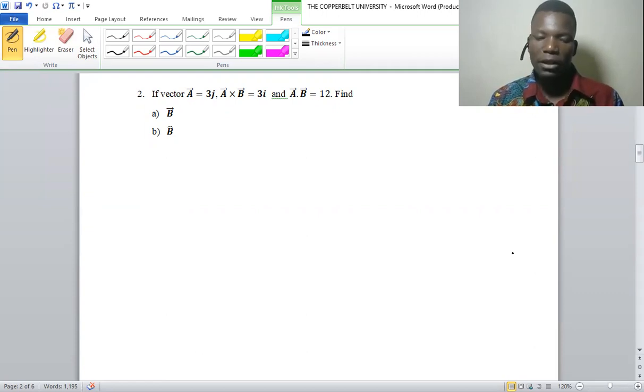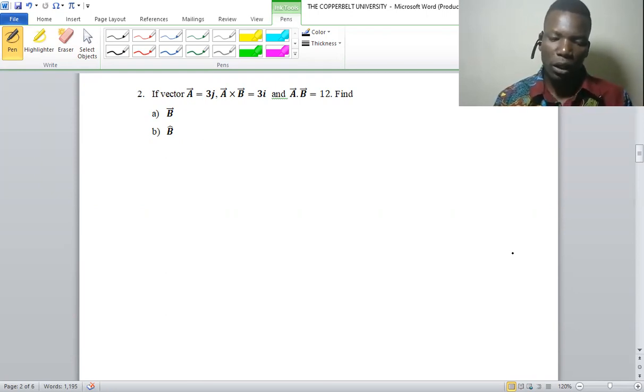The question says if vector A is 3j and vector A cross vector B is 3i and vector A dot vector B is equal to 12, find vector B, and also find the unit vector in the direction of B, or the unit vector of the vector B. So the first thing that we have to do is to write vector A in 3 dimensions.